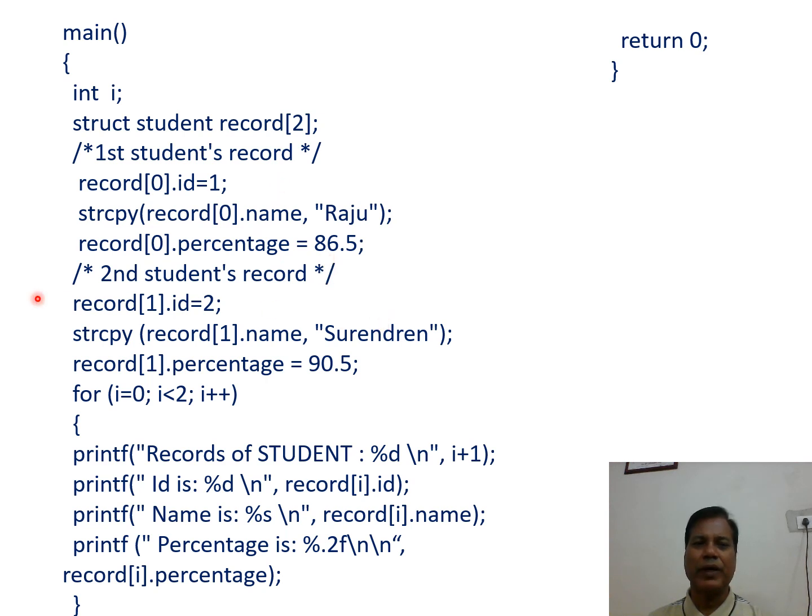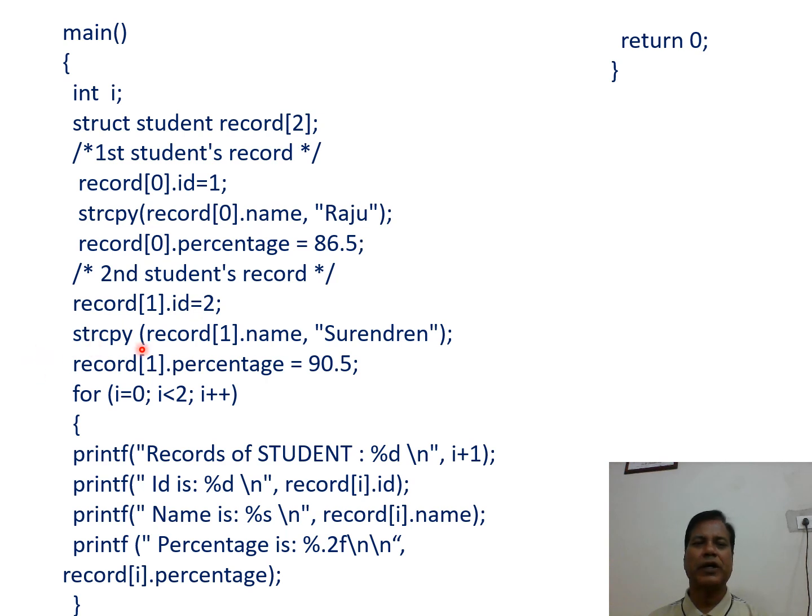In a similar way, we can initialize the record of the second student. So record[1] refers to the record of the second student. .id, that is the ID of the second student, is assigned a value of 2.